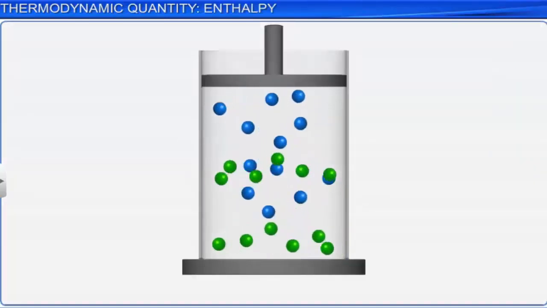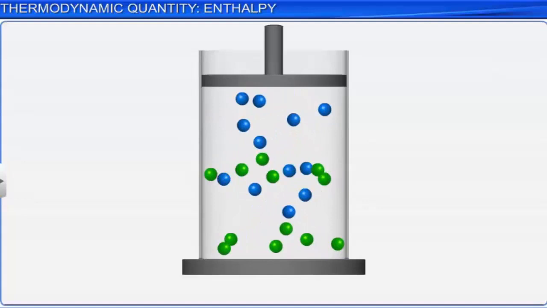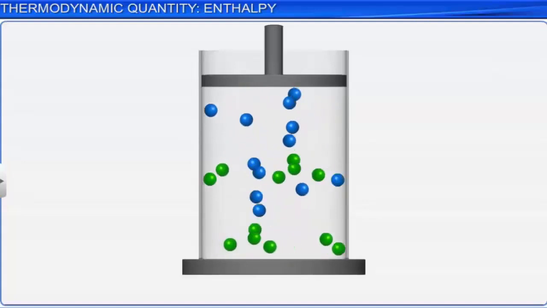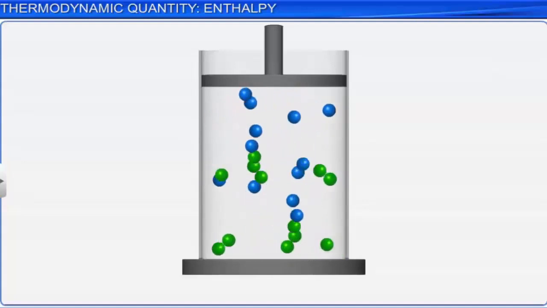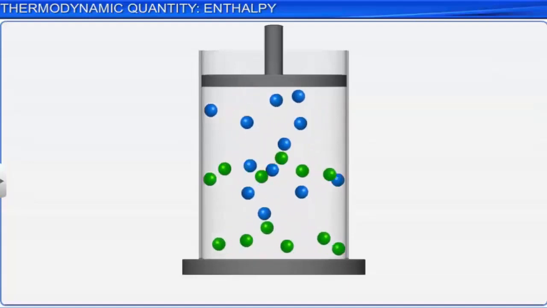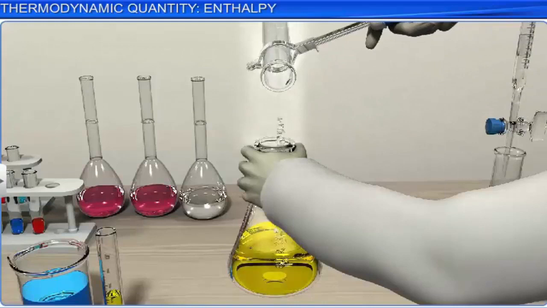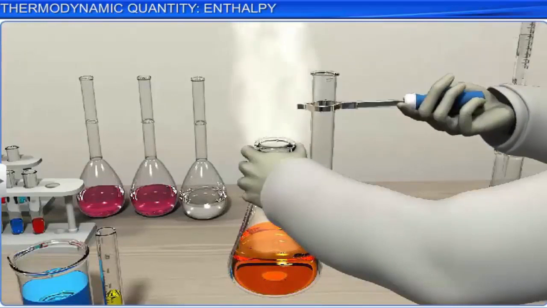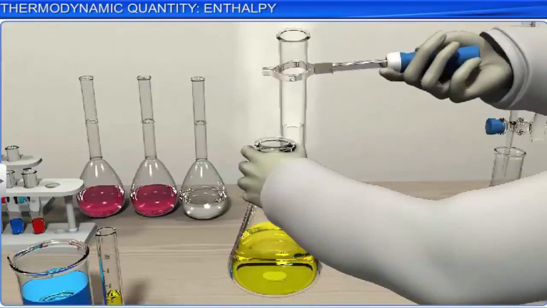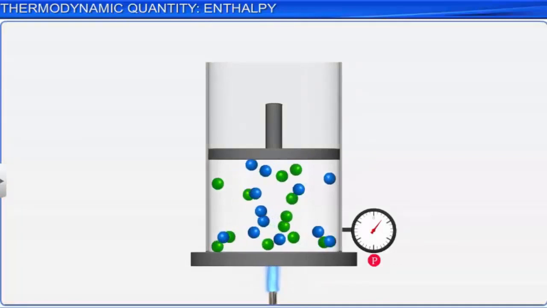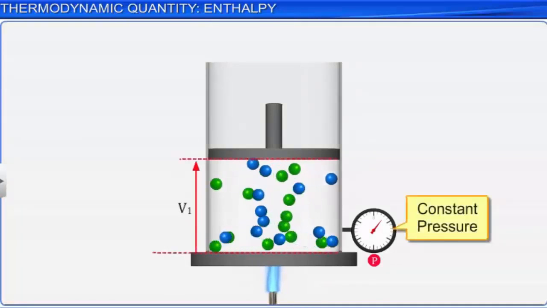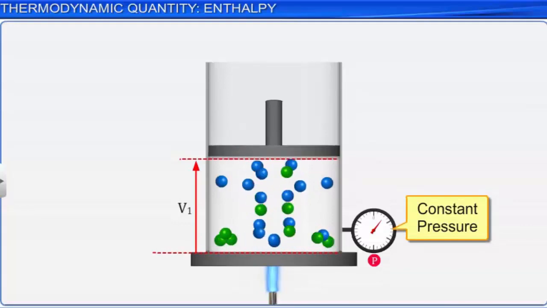We have learnt that if a process is carried out at constant volume, then the heat content is the same as the internal energy as no work is done. But most of the chemical reactions are carried out at constant pressure and not at constant volume. When a reaction is performed under constant pressure, then it may involve change in the volume.